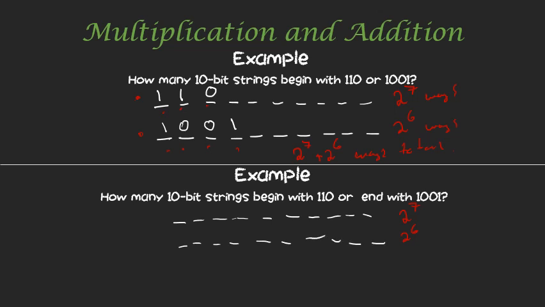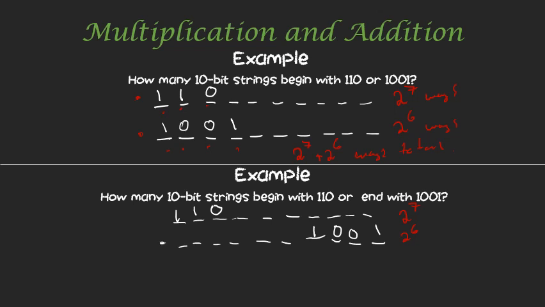So this first one begins with 110, and this next one 1001. And what's different about the last one? Well, we'll get overlap between these two.